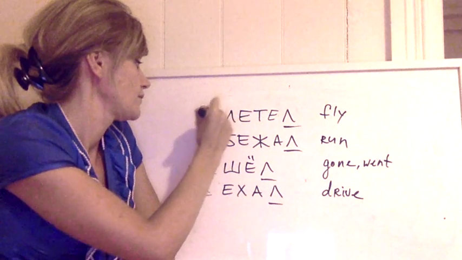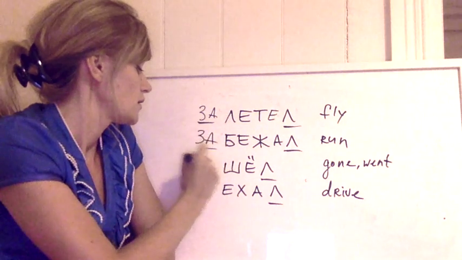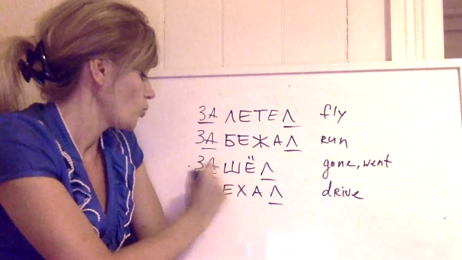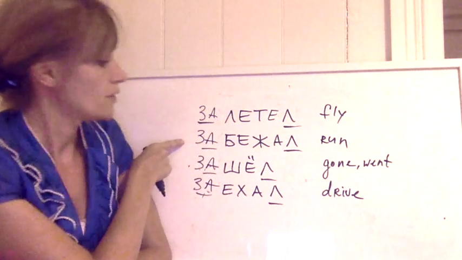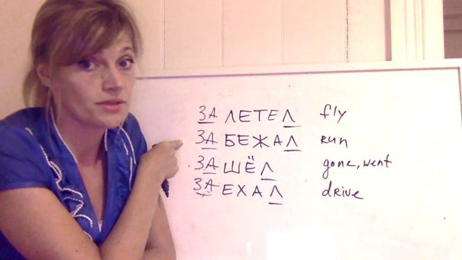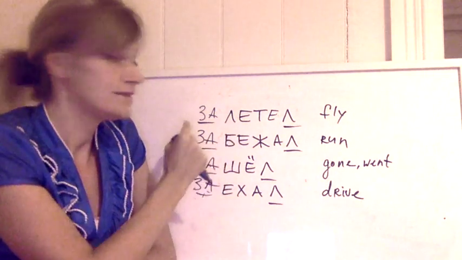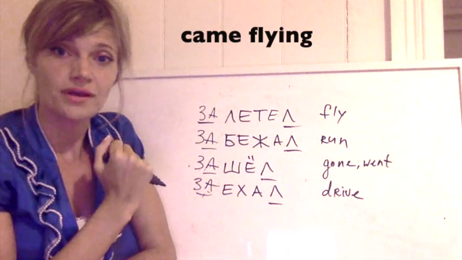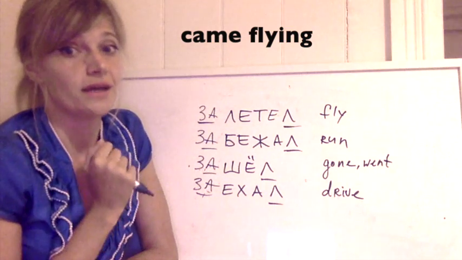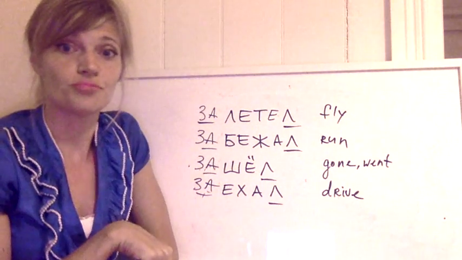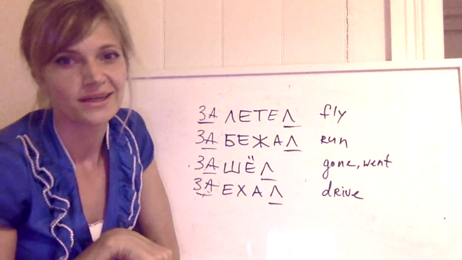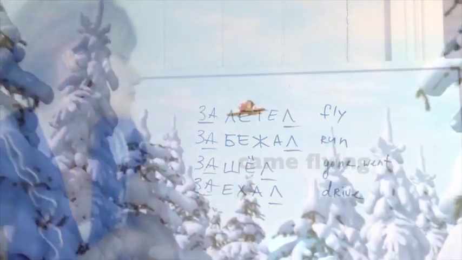Let's take another one. За. Well, here with the verbs of movement, it actually means drop by. Залетел means fly and drop by. A bird can fly into the room.